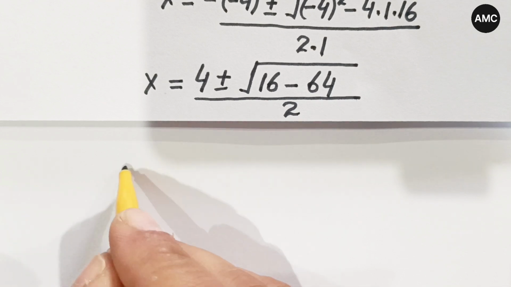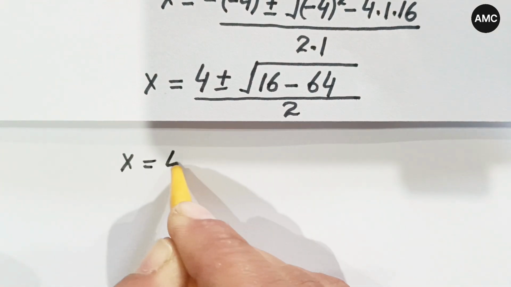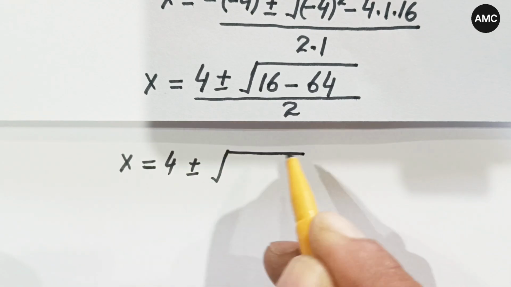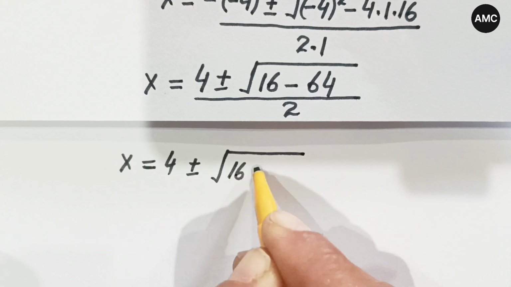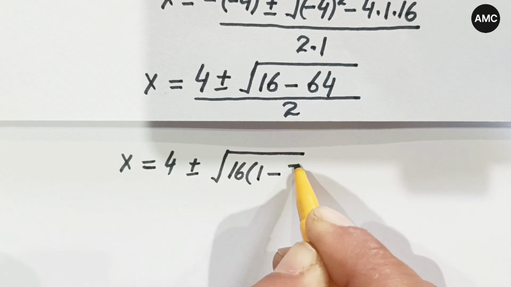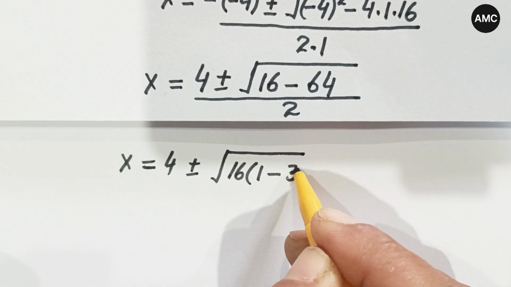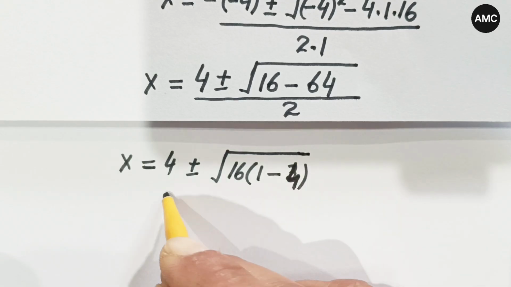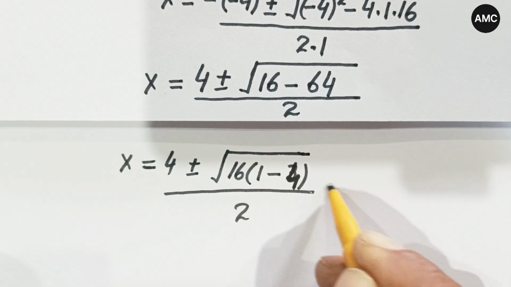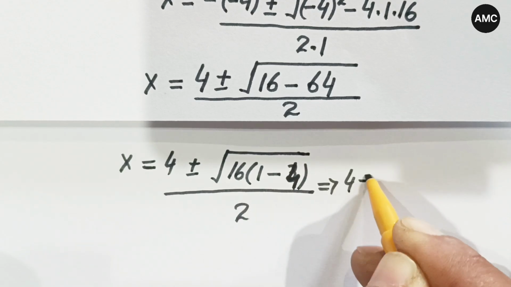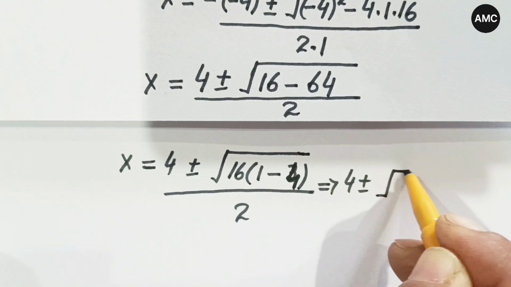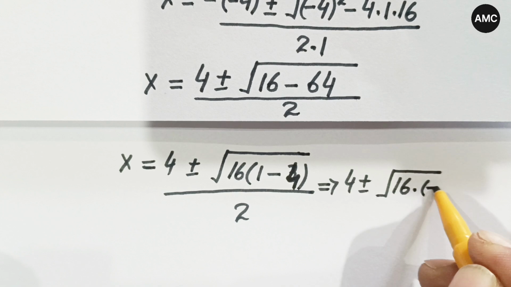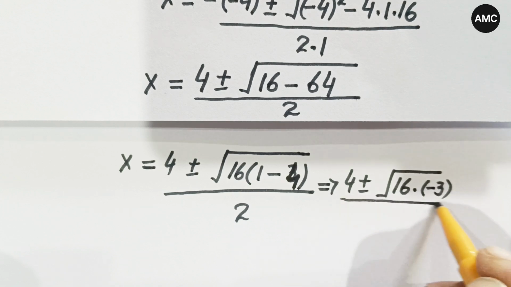Now x is equal to 4 plus minus square root of, if we take 16 as common, then we have 1 minus 4, not 3 but 4, all over 2. Now 4 plus minus square root of 16 times 1 minus 4, which is minus 3, all over 2.